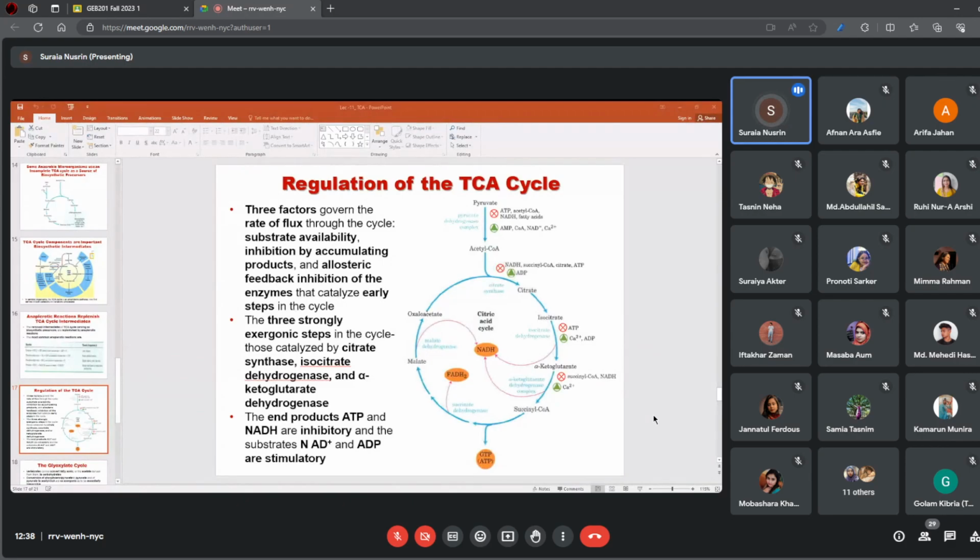And another one is about the enzymes involved in the first or preliminary steps of the pathway, and they are regulated by an allosteric feedback mechanism, where some end products can inhibit the enzyme by allosteric modification.